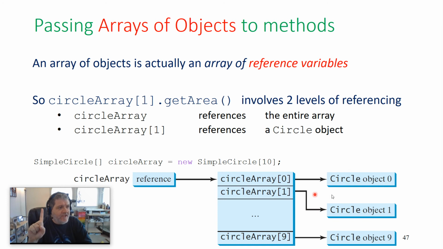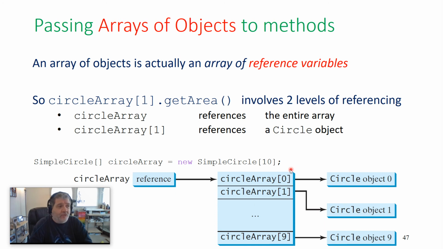They do not yet point to the circle objects. When am I going to finally point to the simple circle objects? When I finally get around to creating them one by one and putting the reference of each of them inside the corresponding slot of the array.